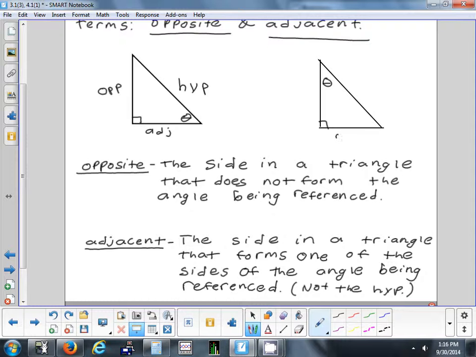At the bottom one. Good. How about Kayla? Which side would be adjacent this time? The one, so the long side or the other leg? The other leg, yeah. That would be adjacent. And the hypotenuse, that's always the side across from the 90.